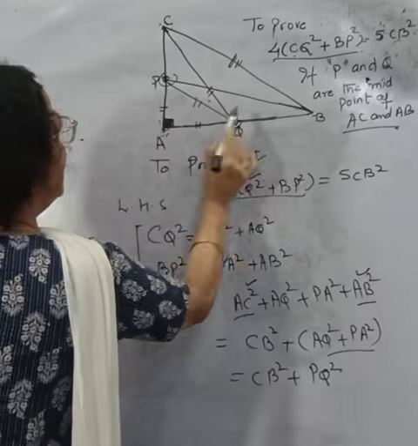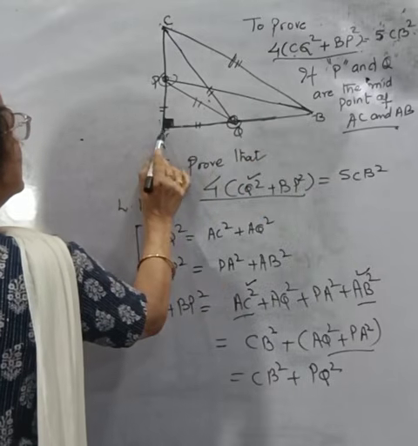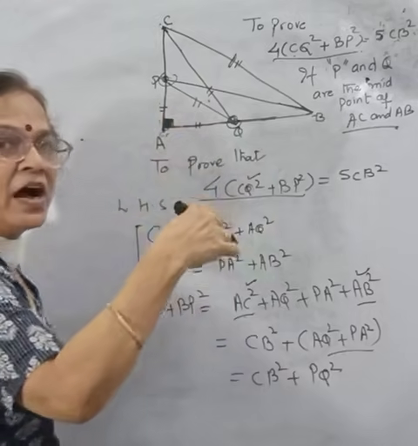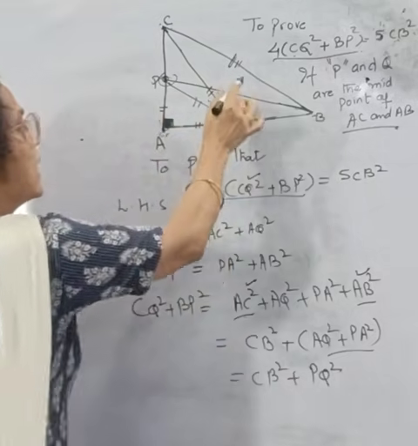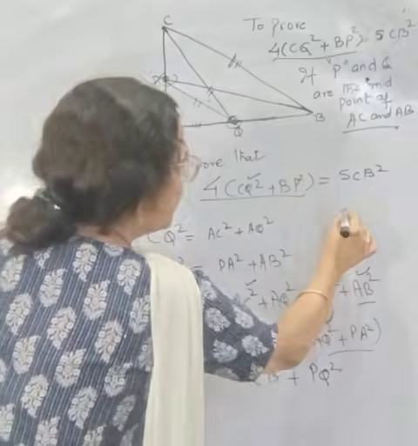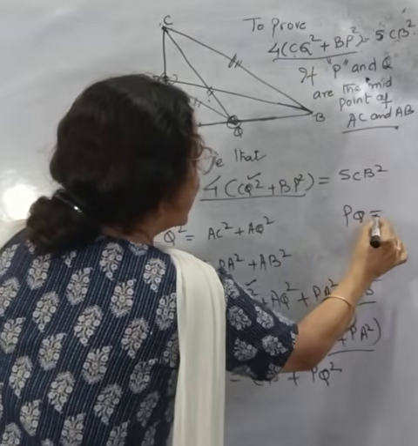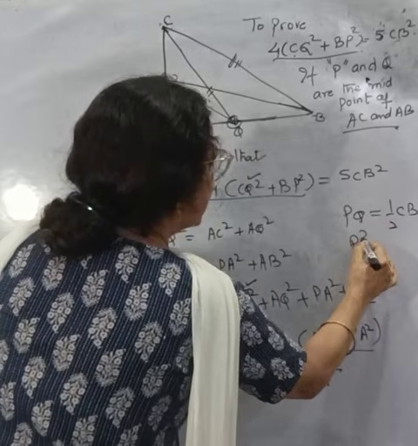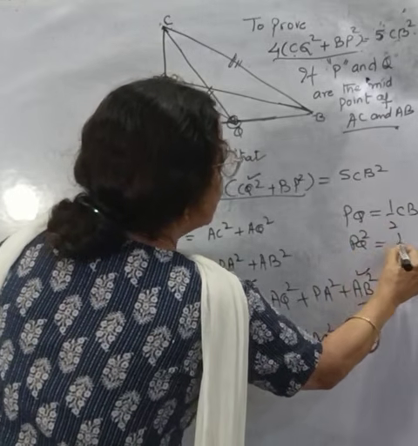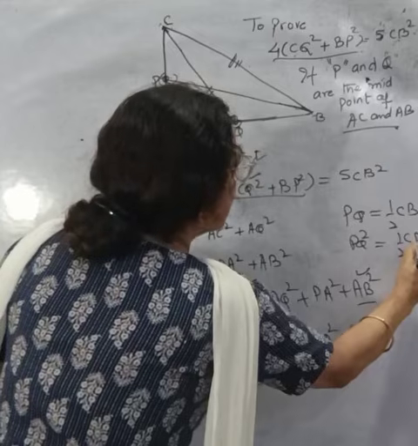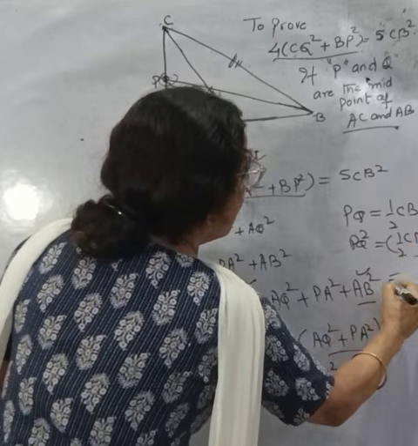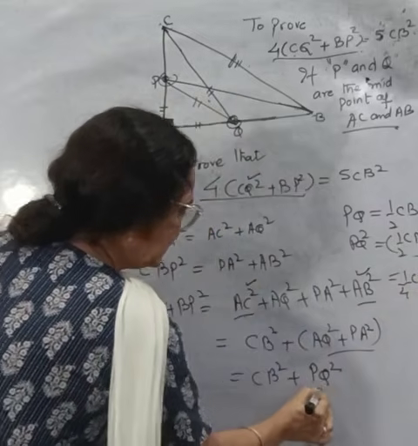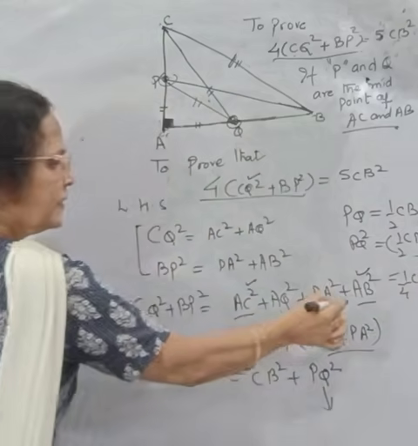AQ is half of AB, AP is half of AC, so diagonal PQ will be half of the diagonal CB. So in place of PQ, we can write 1 by 2 CB. So PQ square can be written as the square of 1 by 2 CB, which is equal to 1 by 4 CB square.